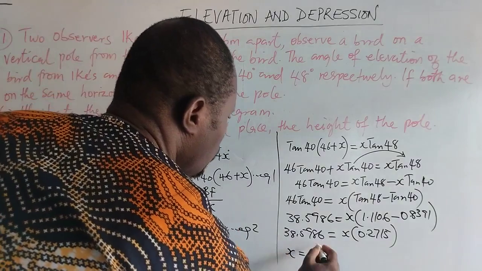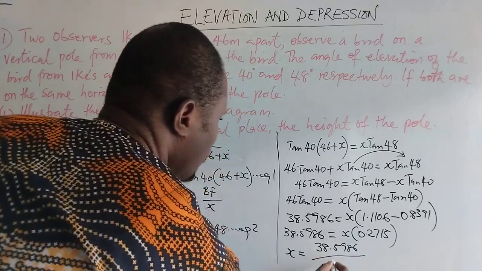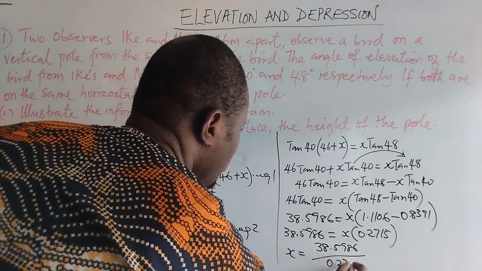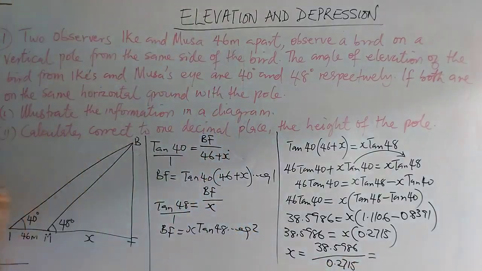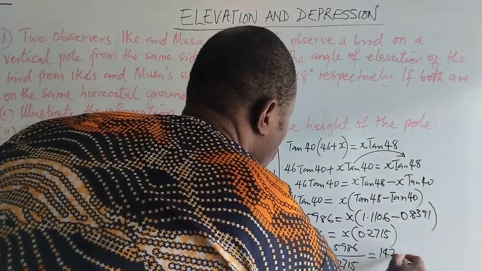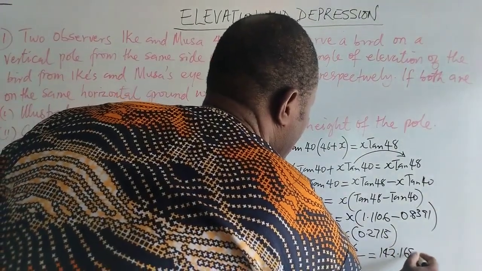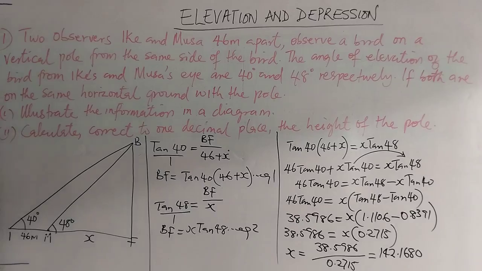And then finally, x will now be equal to 38.5986 over 0.2715. If you do this calculation, it will give you 142.1680 to 4 decimal places.